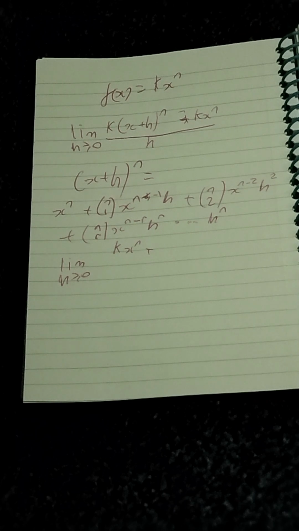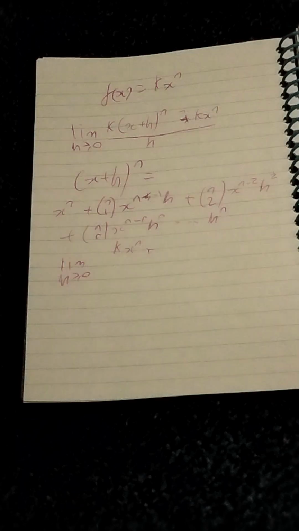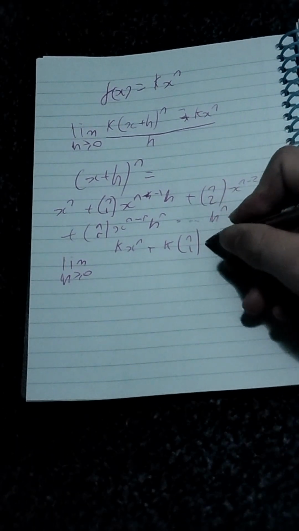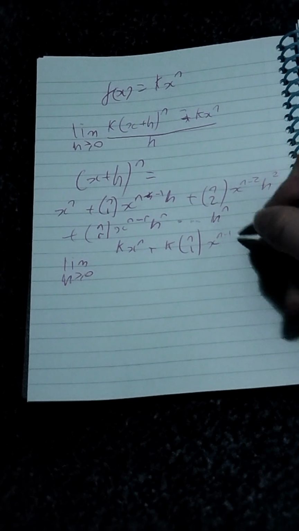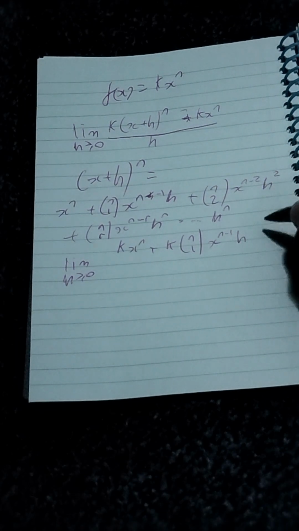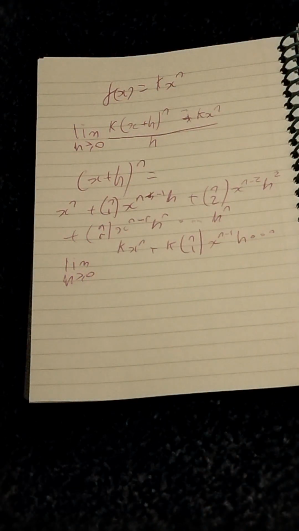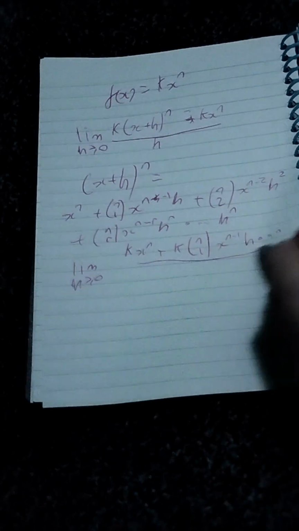Learn about binomial coefficients; I won't go over the definition here. So k times n choose 1 times x to the n minus 1 h and so on, just multiplying each term by k, over h.